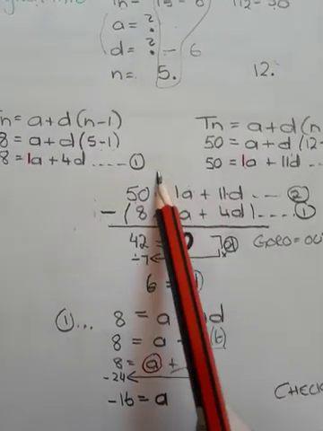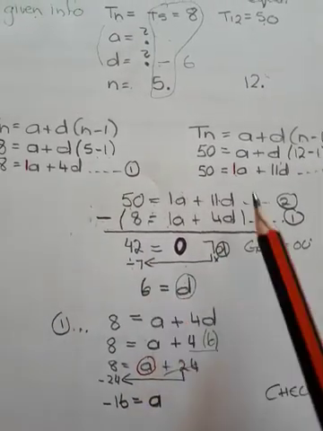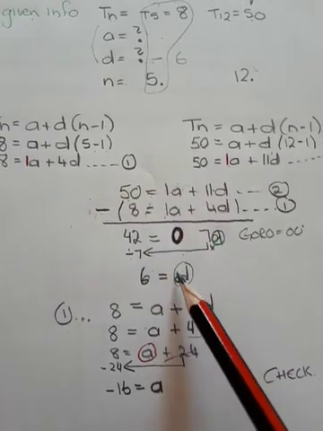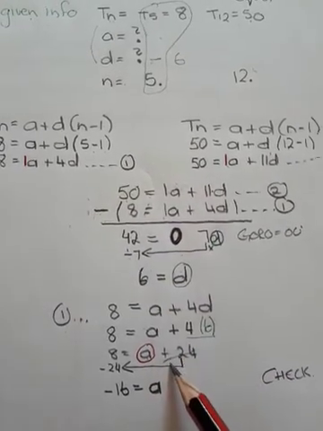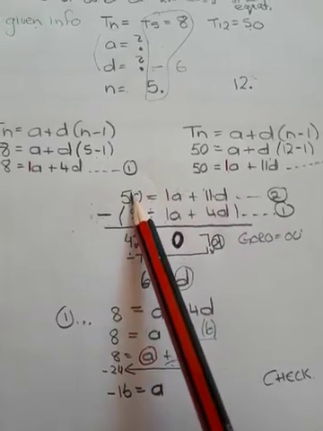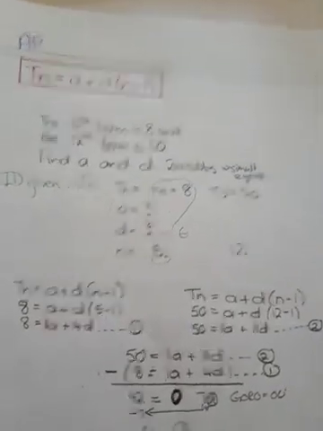You can use either one of these equations. You can substitute D with 6 and A with negative 16. So you're going to use both of your answers, and then you calculate whether the left-hand side equals the right-hand side.